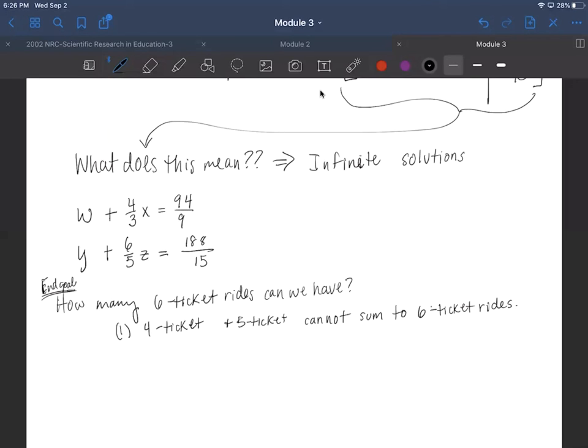So because of that, let's think about it like this. What if we have 0 4-ticket rides, and let's say we have 0 5-ticket rides?